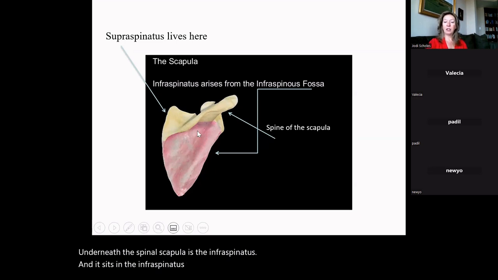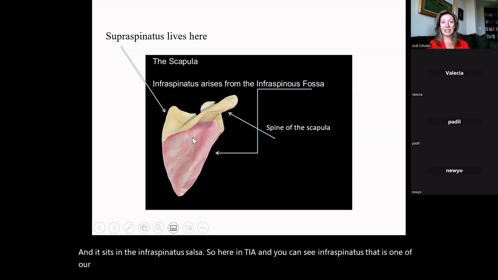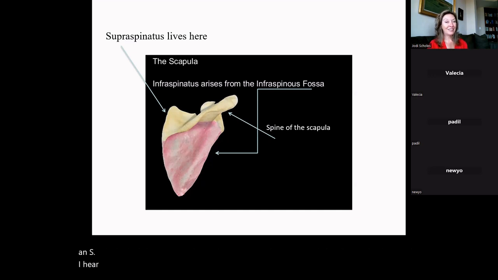That is one of our SITS rotator cuffs. Supraspinatus, S. Infraspinatus, I. And then we've got a T and an S: teres minor and subscapularis.